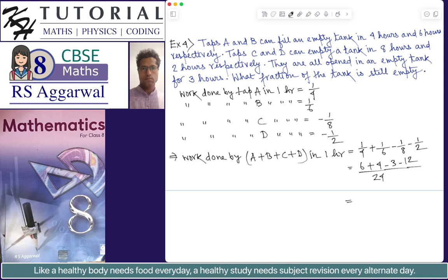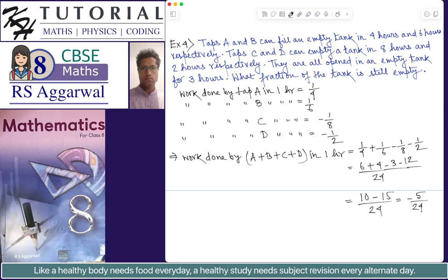So 6 plus 4 minus 3 minus 12. So this is coming out to be 10 minus 15 by 24, which is minus 5 by 24. It is coming out to be negative, which means that per hour water is being emptied.